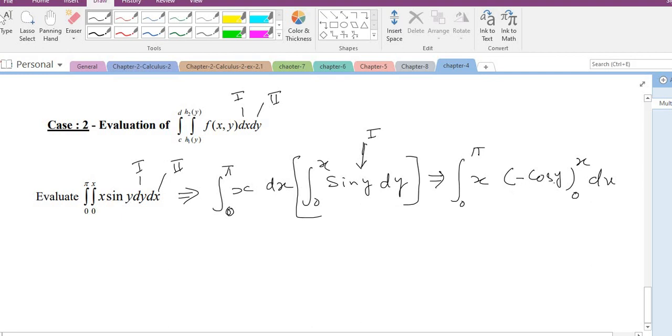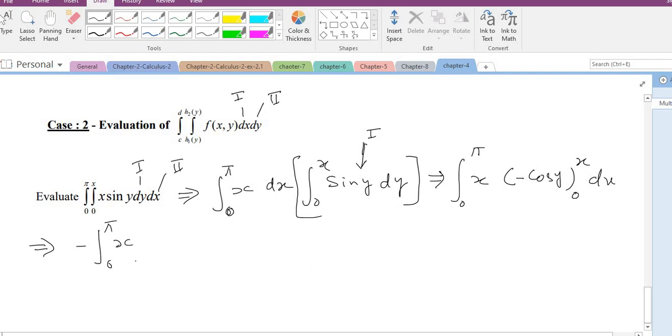What does that mean? That means we now replace the limit y equals x minus y equals 0. Remember that this term already has a minus, so it is better that we keep the minus outside, otherwise maybe this gives us difficulty.